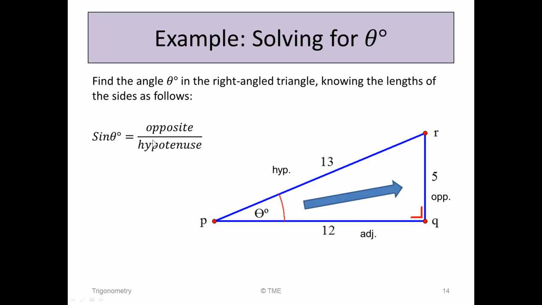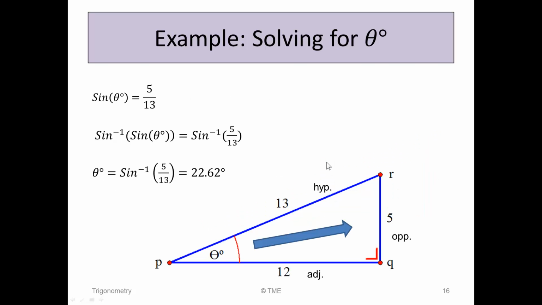So sine is opposite over hypotenuse. In this case, knowing the opposite and hypotenuse, we get sine of theta is 5 over 13. But we're interested in theta. So the unlock function for sine is sine inverse.